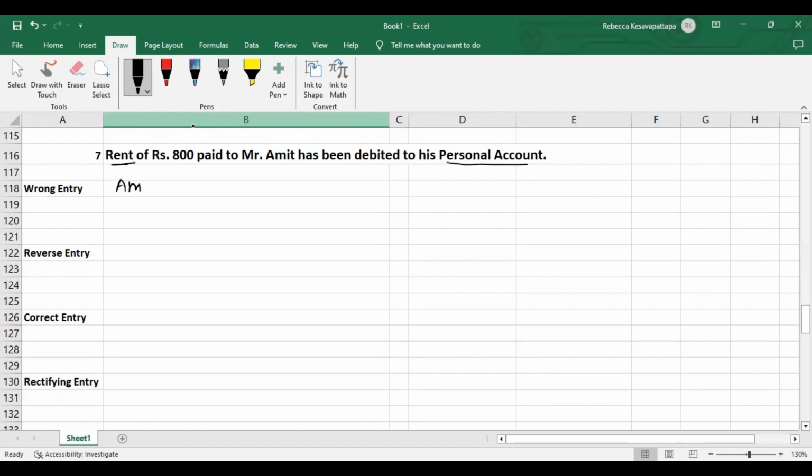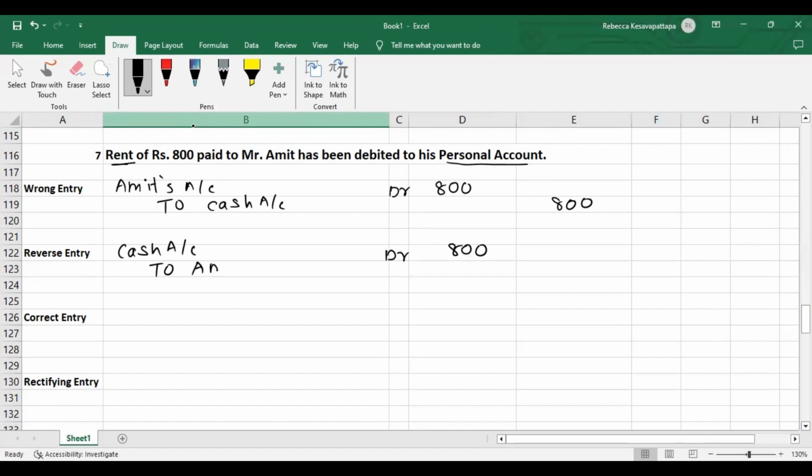So we'll write the wrong entry first. Amit's account debit 800 to cash 800.